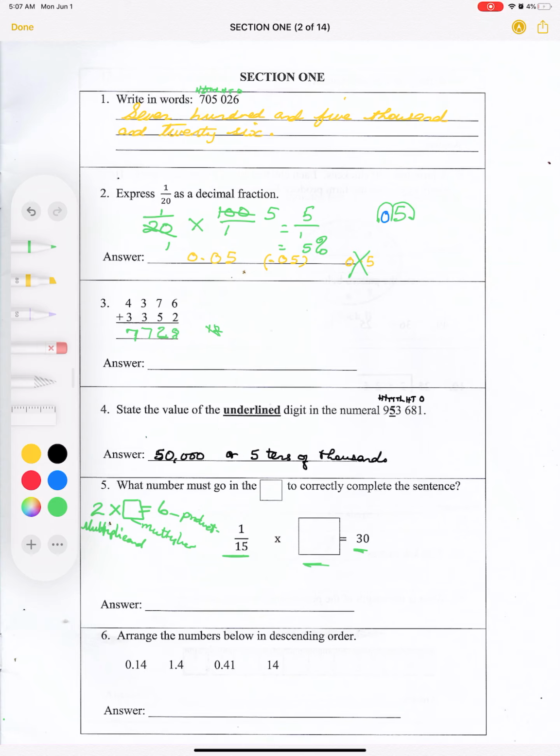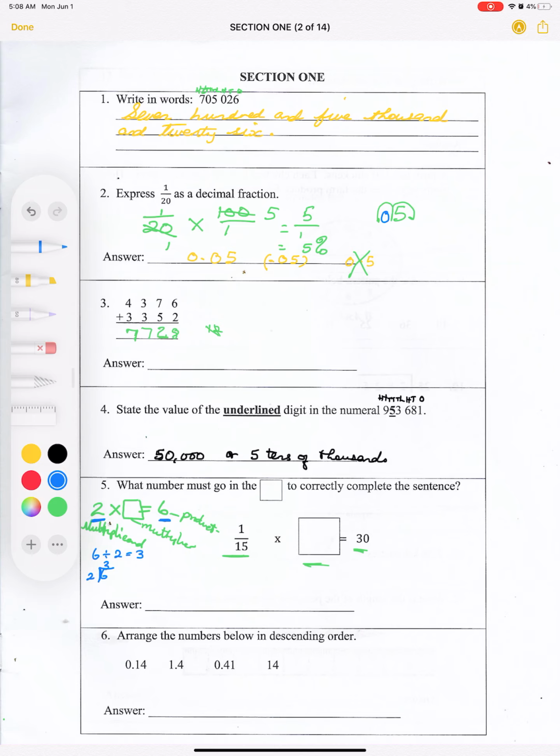I can say 2 times something equals 6, and I know that in my head, but I can also say 6 divided by 2, or 2 into 6. So when my multiplier is missing, I divide my product by my multiplicand. So 6 divided by 2 equals 3.